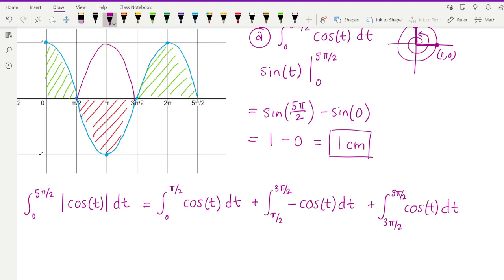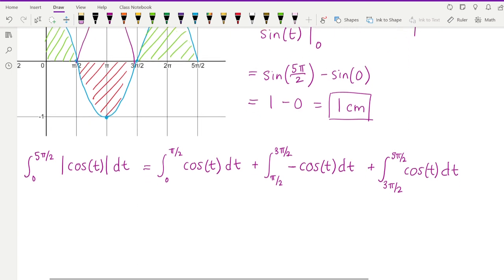Notice that if we just do the integral from 0 to pi over 2, the area we get for that part is going to be half of this area, right? And also half of the area in the middle, right? If we look at this flipped up so that it's positive, it's just two of these pieces. So really all we have to do is find the integral from 0 to pi over 2 and then make sure we count up enough of those.